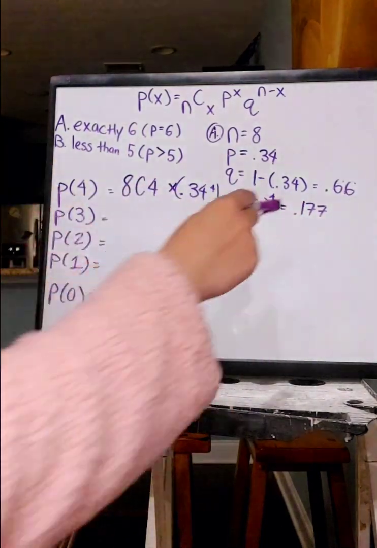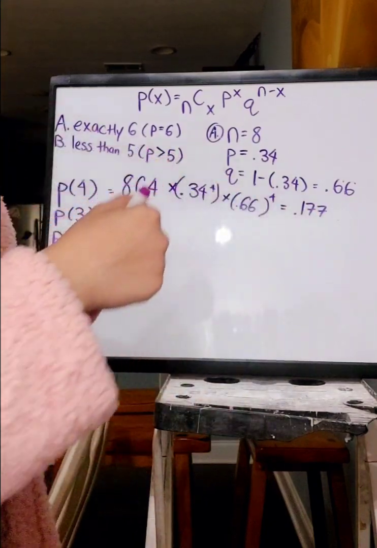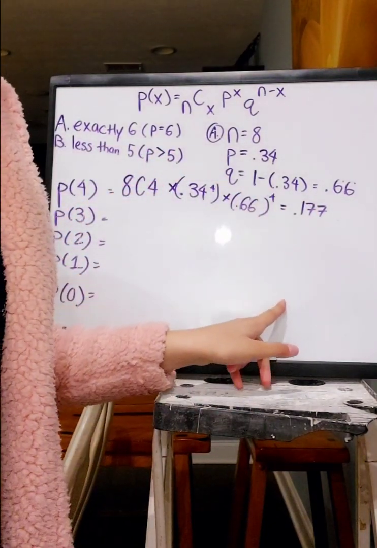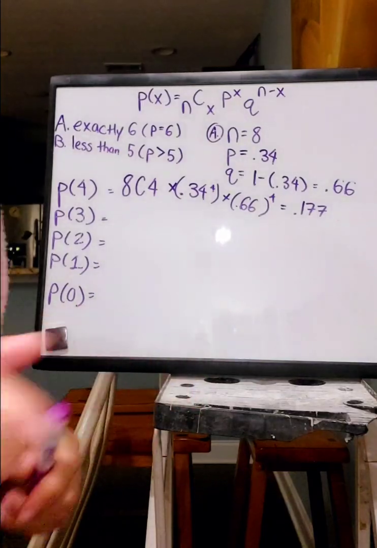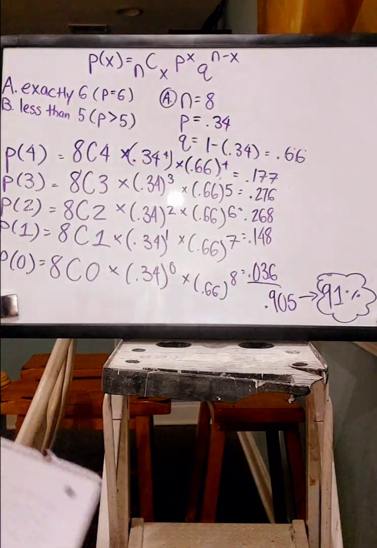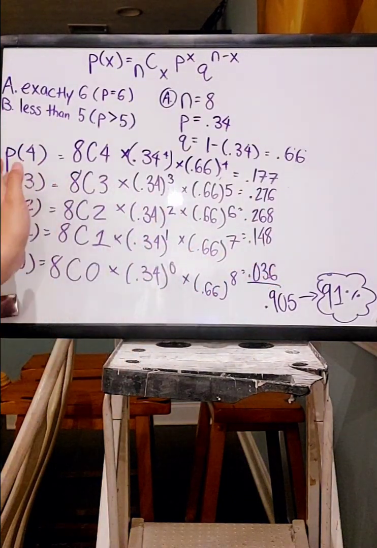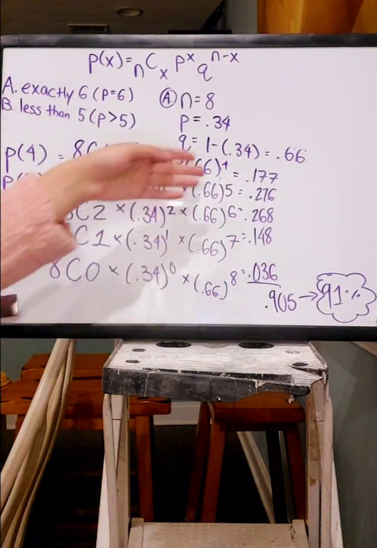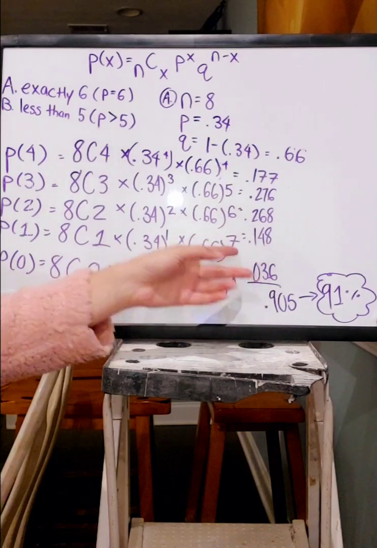Now, once you get your different answers, you are going to add all of them up. Let me do that first. So it's a lot of repetition, but here's all the equations worked out, and I got my final answers.